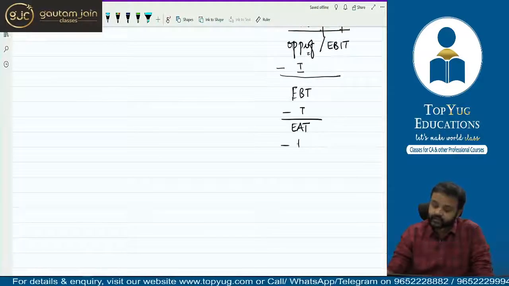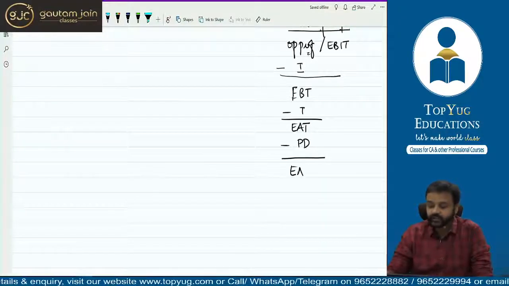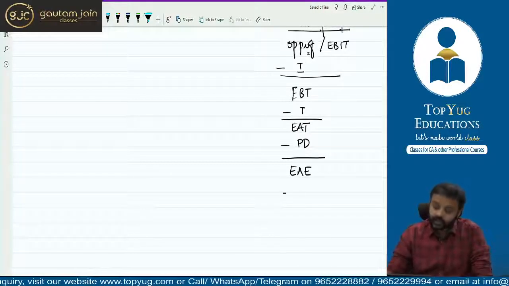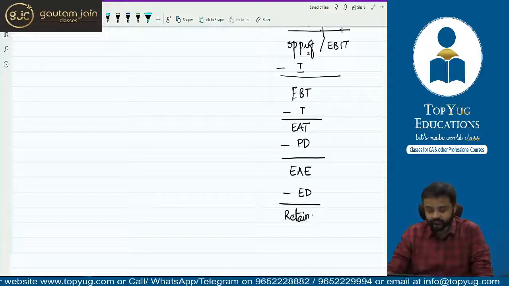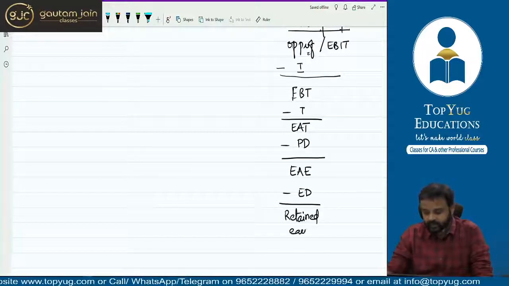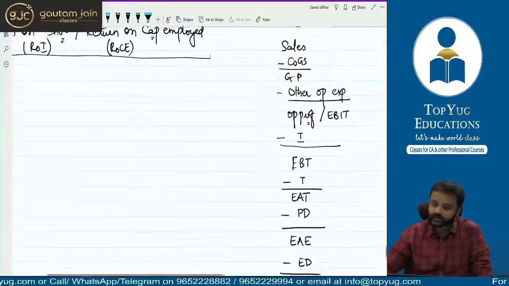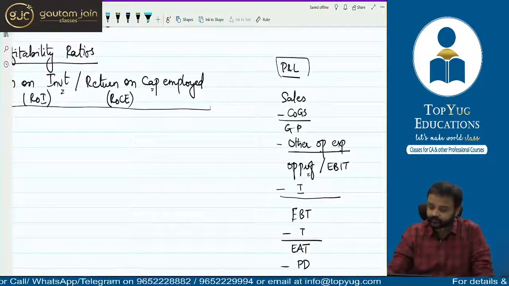And from this, preference dividend, so that we arrive at earnings available for equity shareholders. And if we subtract equity dividend from this, then we get the retained earnings. That is nothing but reserves and surplus, correct? This is how the P&L looks.